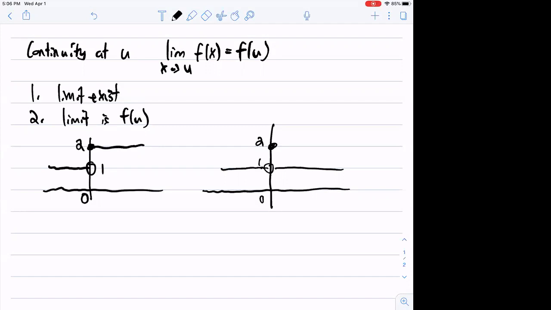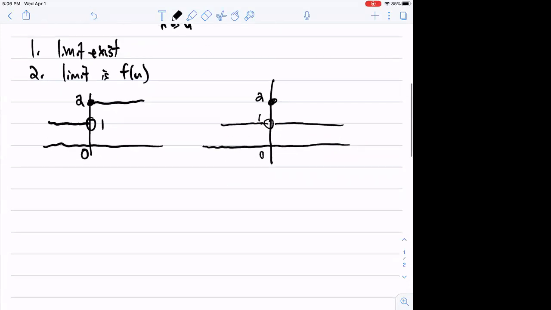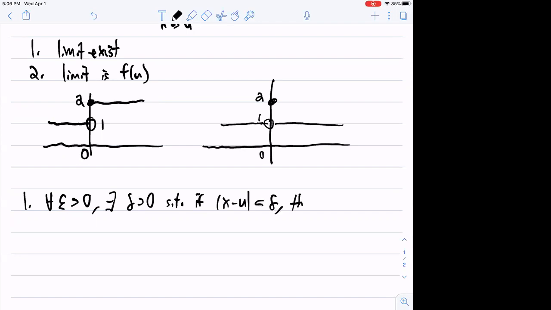So we have a precise definition of what close means. The normal one is the epsilon-delta definition: for all epsilon greater than 0, there exists delta greater than 0 such that if |x minus u| is less than delta, then |f of x minus f of u| is less than epsilon.